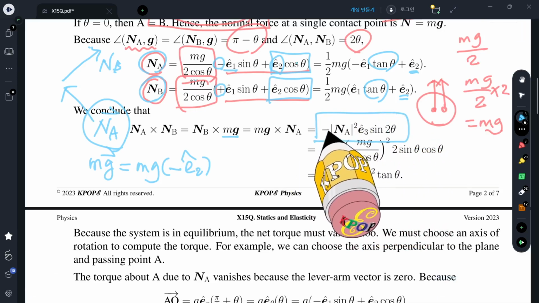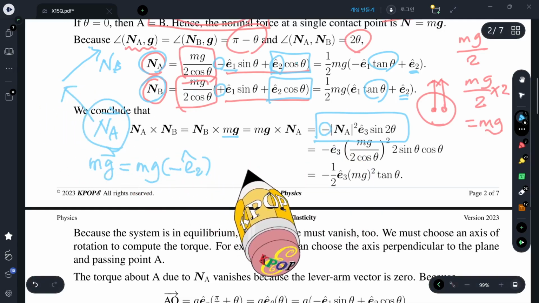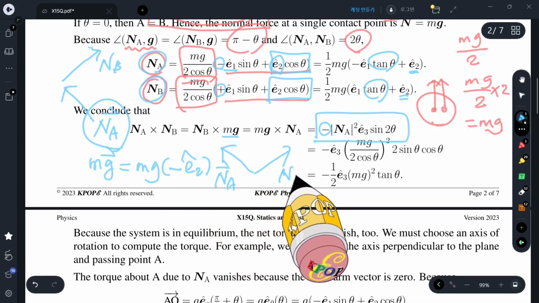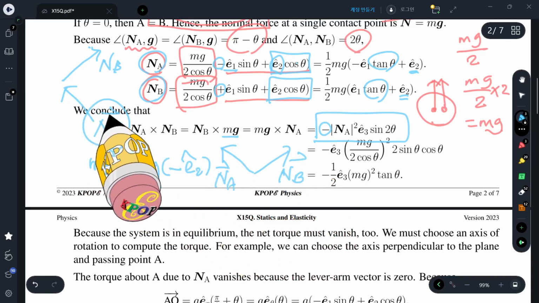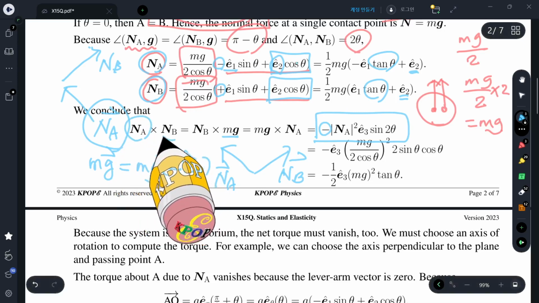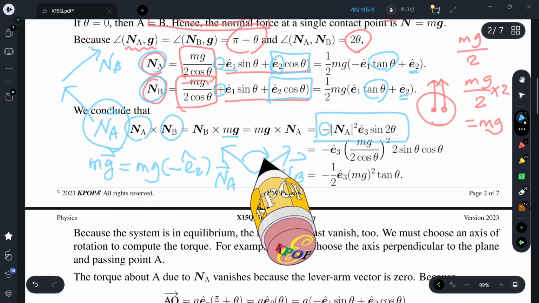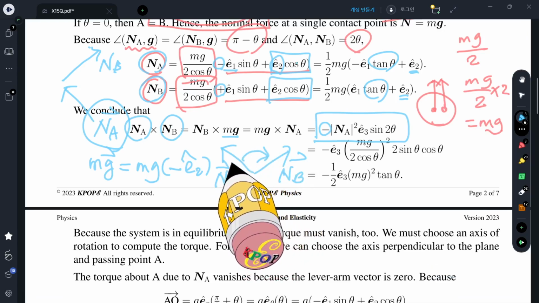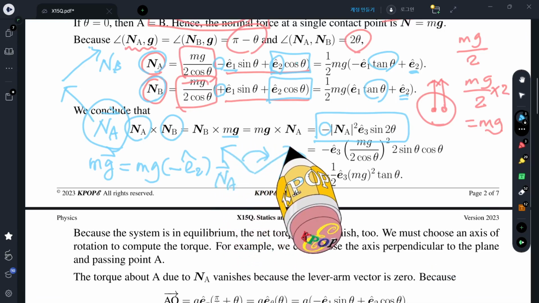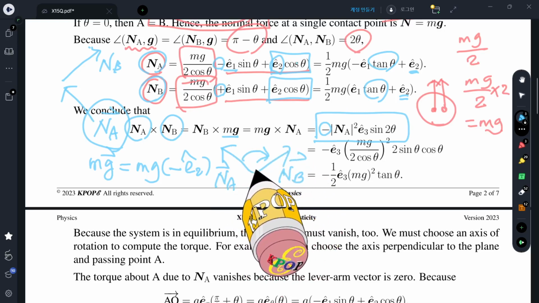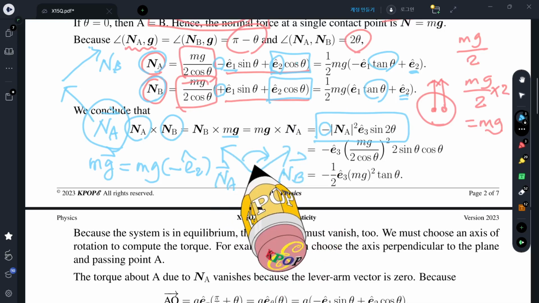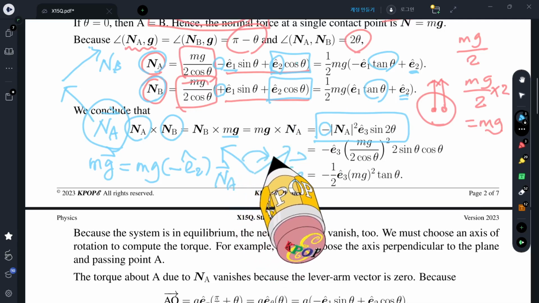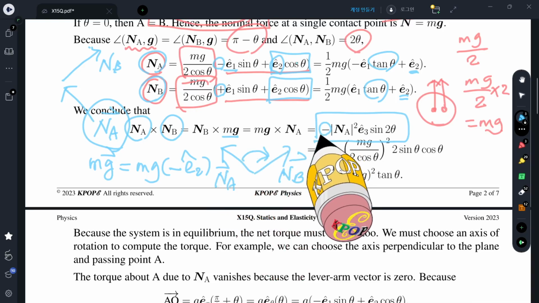The reason why we have a negative sign is that the direction of NA is here and NB is here. So if I make a cross product NA cross NB, this direction is clockwise. So spanning the vectors to overlap to find the direction of the normal vector says that it is counterclockwise and the direction is negative.